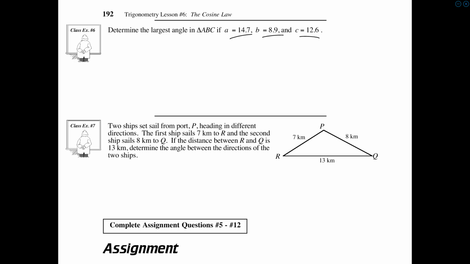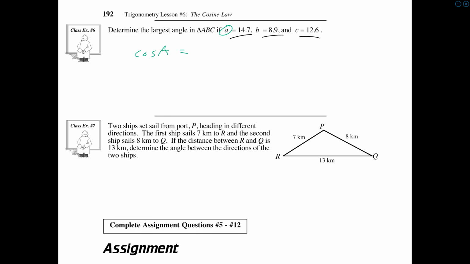Yeah. If you think about a right triangle, the reason the hypotenuse is always longest is because 90 must be the biggest angle, if the other two add up to 90. So yes, the largest side will always be opposite the largest angle. So I know that the largest angle will be angle A. So cos of A is equal to.